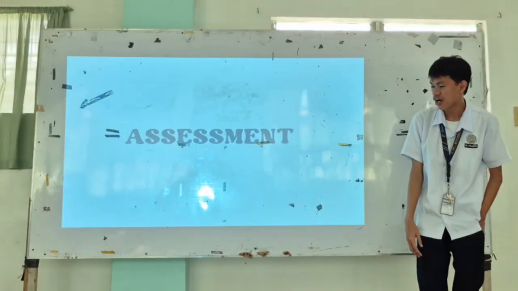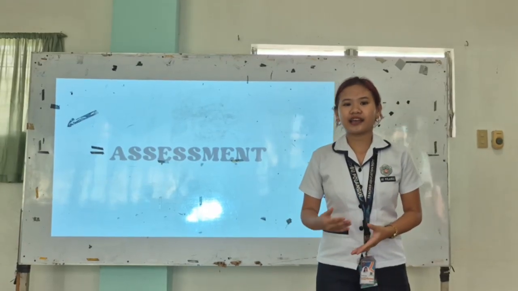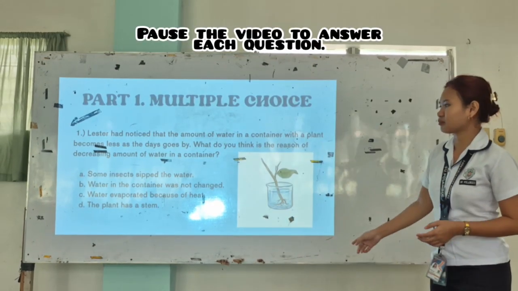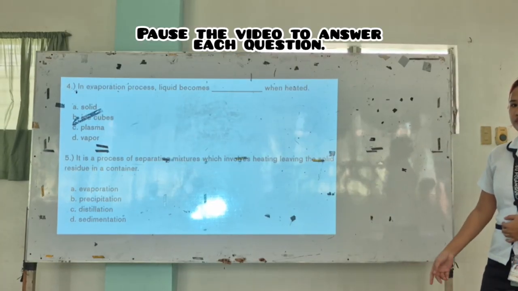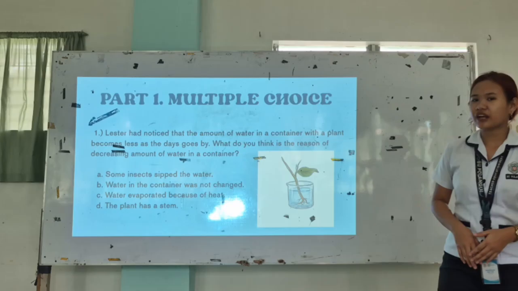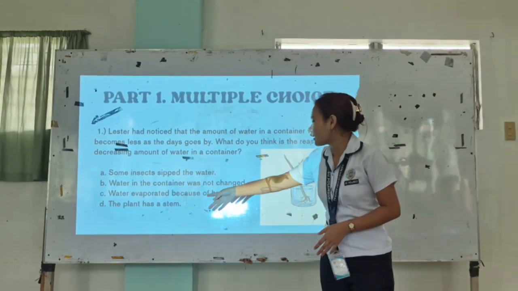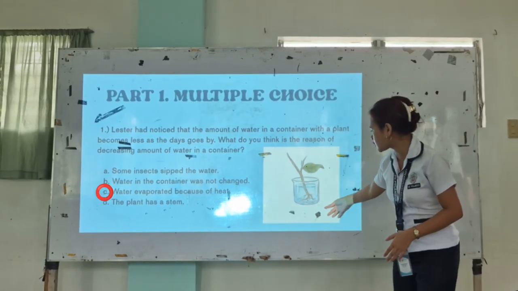And now for our assessment. Now, let's have a short quiz. Get one sheet of paper and answer this. So now, let's check. For number 1, the answer is letter C, water evaporated because of, okay, look at this picture.